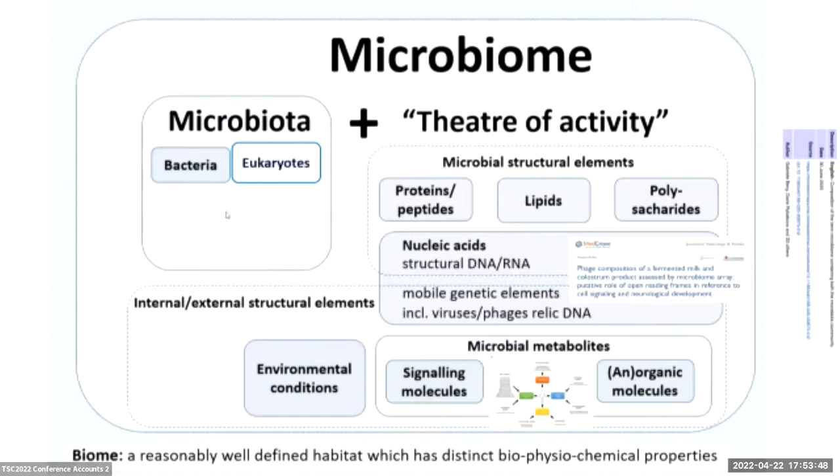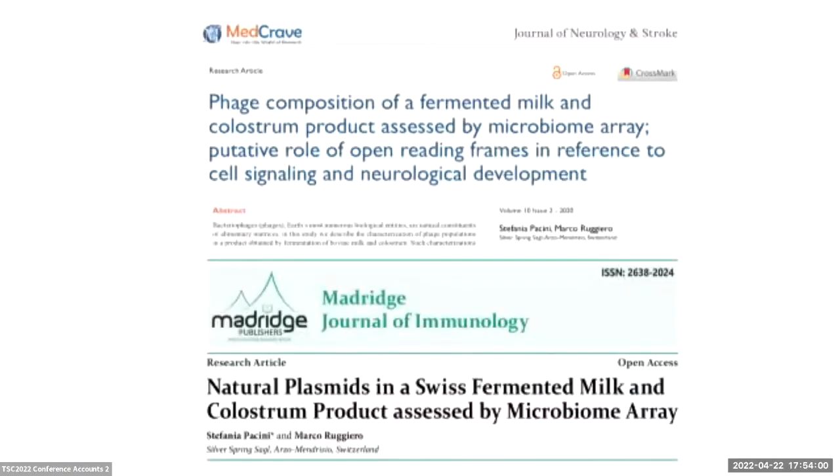So in essence, this is like a yogurt or a kefir, where you have the microbes plus all the molecules that they have produced and modified. And so it's a much more complete ecosystem.